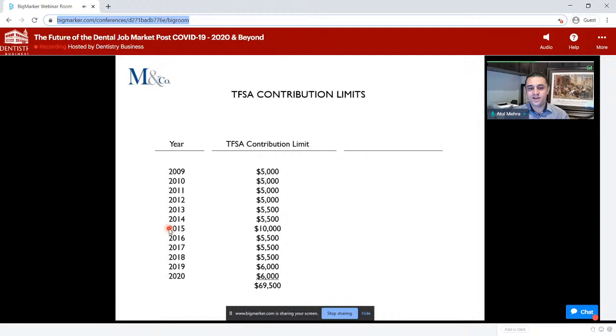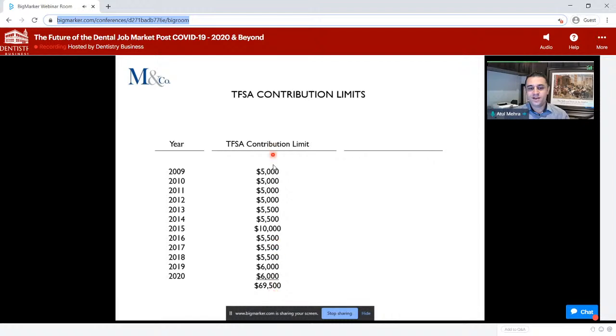And basically what it allows you to do is accumulate funds in the account without paying tax on any growth. Right now, the maximum amount that you can put into this TFSA, short for tax-free savings account, is $69,500. And that number is based on your age.